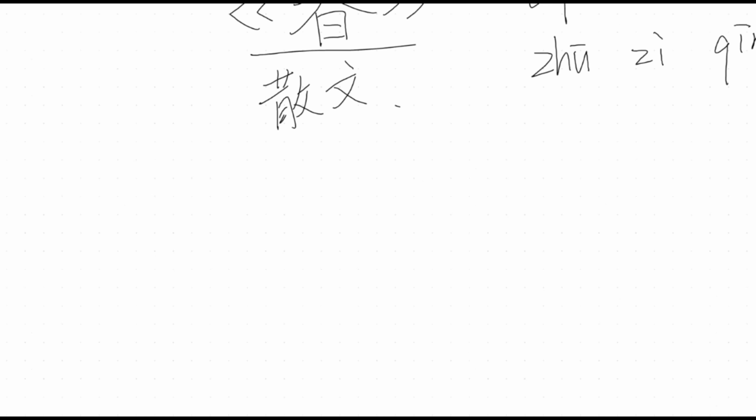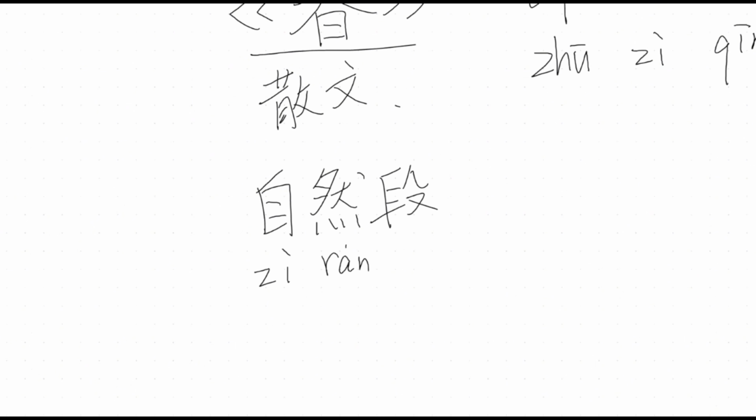The paragraph in Chinese is called 自然段. 自然 is natural or nature. 段 is paragraph or blocks. So here 自然段 is paragraph in English.